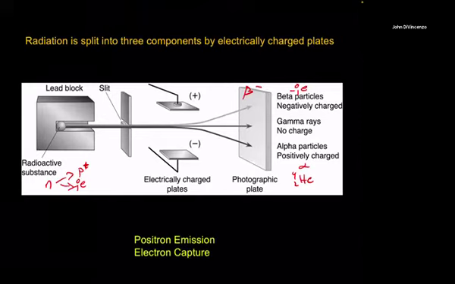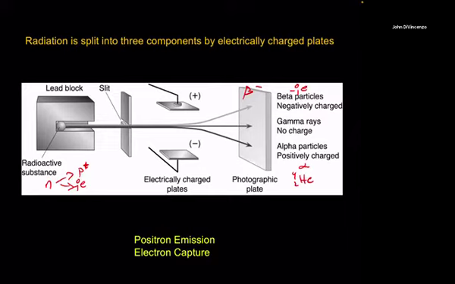There's also things like positron emission and electron capture. Your book mentions, I think, one of those. These are just some of the nuclear processes. There's neutron emitters. There's neutron absorbers. Positron emission. A positron is basically a positive beta particle.